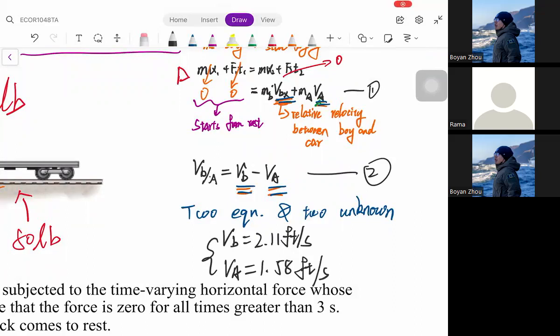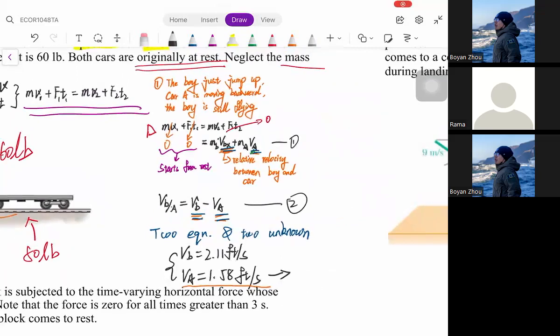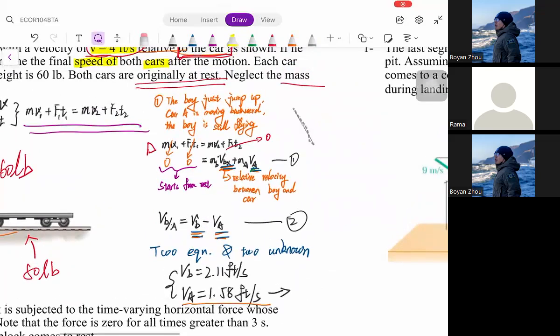Yeah, that makes sense. So now we have the velocity of the car, which is actually moving backwards. And then we can continue with our second movement.